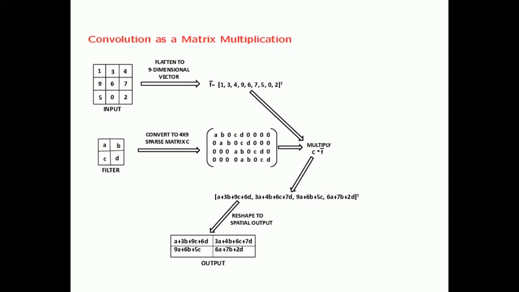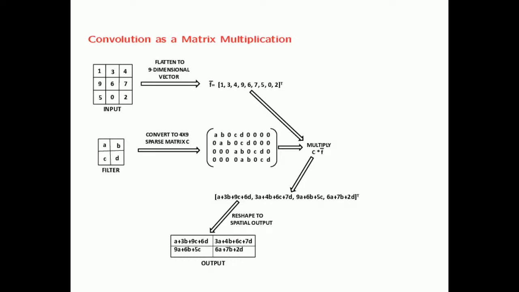Now, how is each row of this sparse matrix going to be defined? Each row of this sparse matrix C is going to be defined by one placement of the filter at a particular place in the input layer. So let's say that you align the filter with the top left of your input.